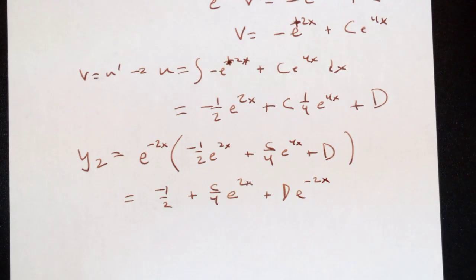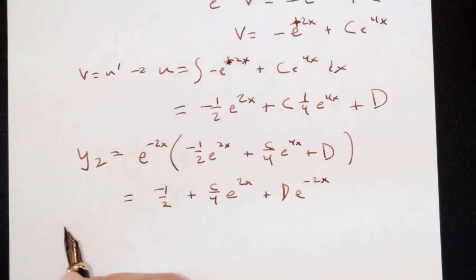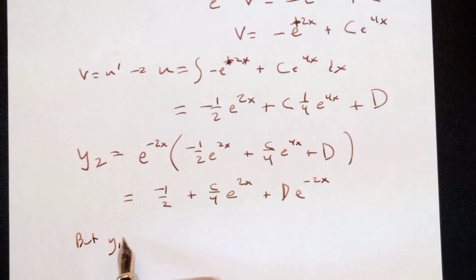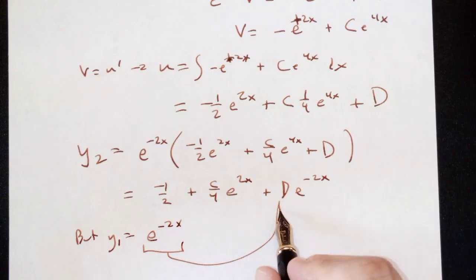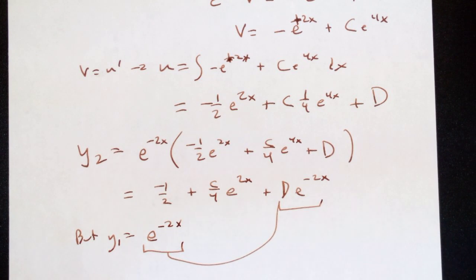What was y1 again? Aren't those the same part? Number times e to the negative 2x.